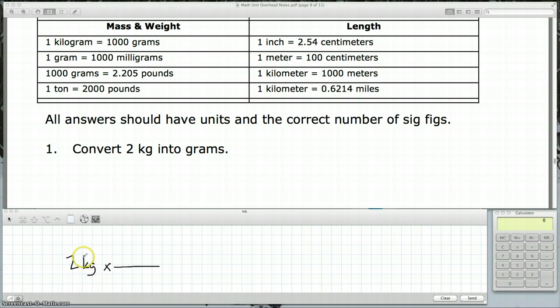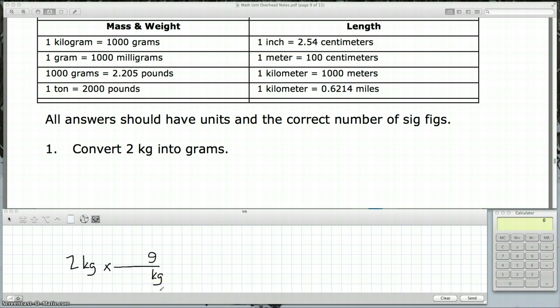The next step is take that starting unit, whatever you're starting with, in this case kilograms, and that goes on the bottom. Now the unit I'm looking for, what I'm trying to convert into, in this case grams, that goes on top.